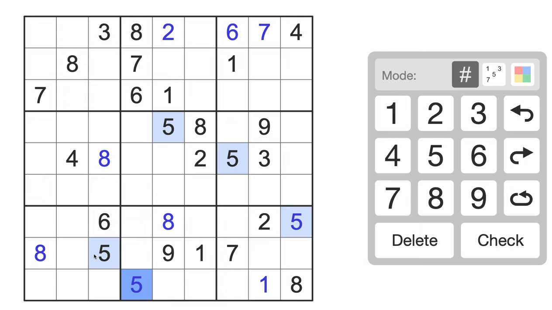Okay, let's move on. I can place 2 in box 8.